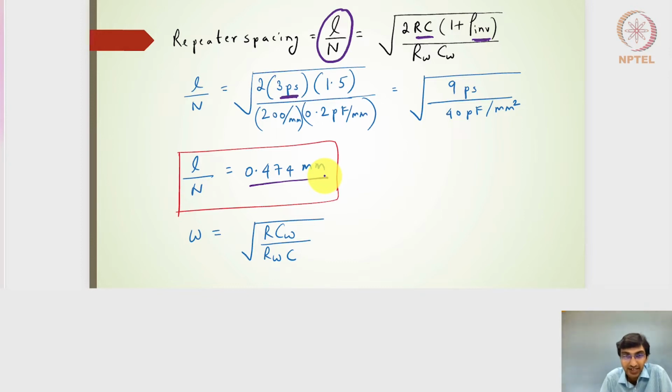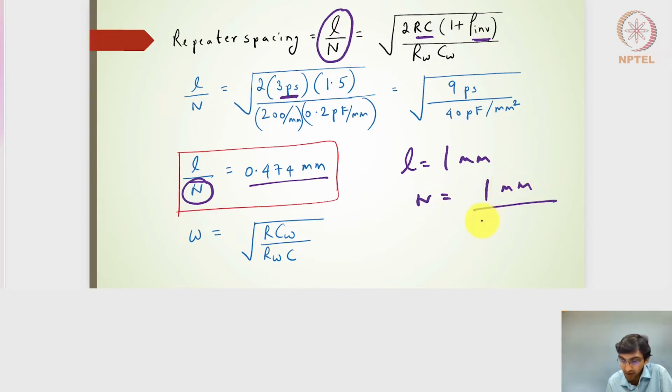If the length of the wire is 1 mm, then we know the number of segments. For an L of 1 mm, n is 1 mm divided by 0.474 mm, close to 2. Remember that the number of segments, for which I need to introduce n-1 repeaters or inverters, has to be a whole number.